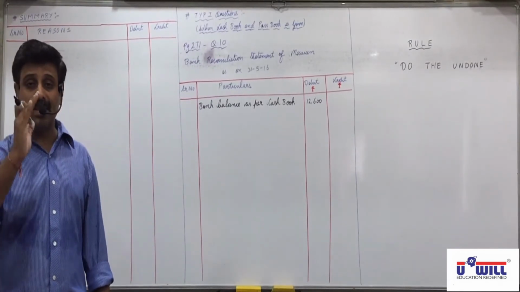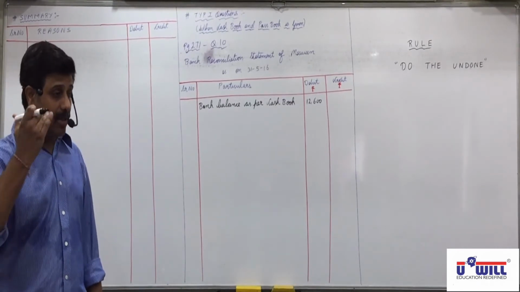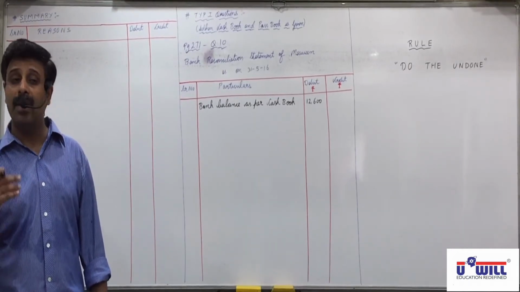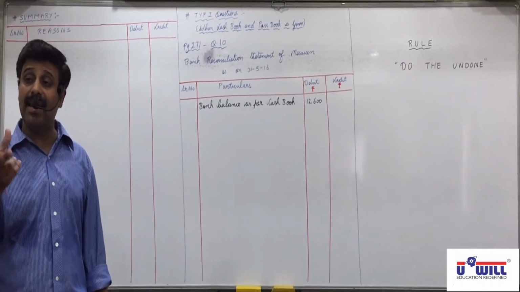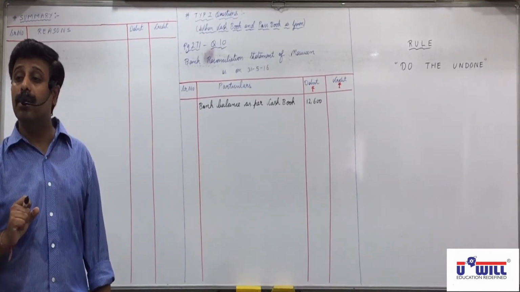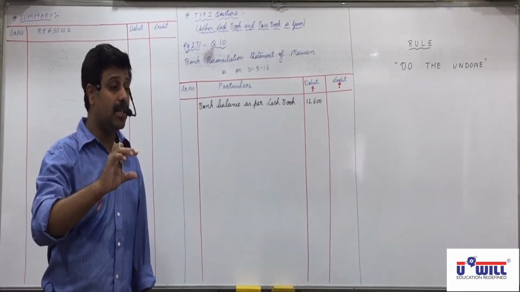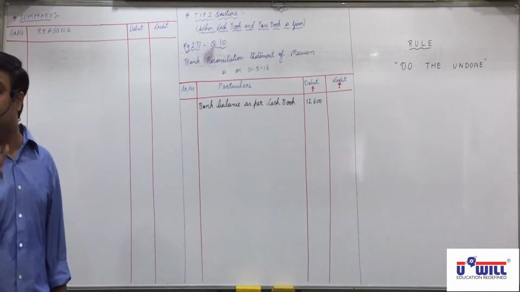They are on the receipt side of the cash book, which means we have received checks from these two people. What will you do with the checks received? Deposit in the bank. If we have deposited in the bank, then why are they not appearing in the passbook? The bank has not collected the money. So the reason we will mention here is: checks deposited but not yet collected by the bank.